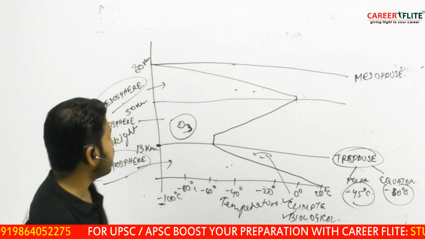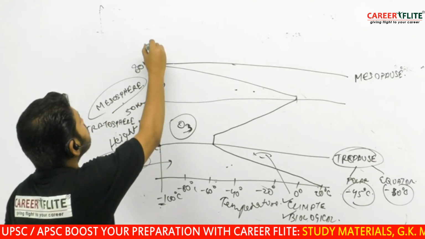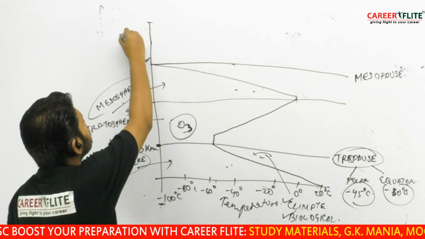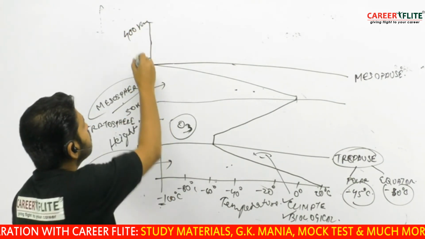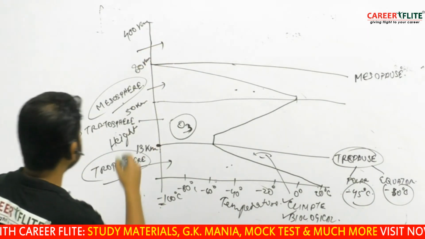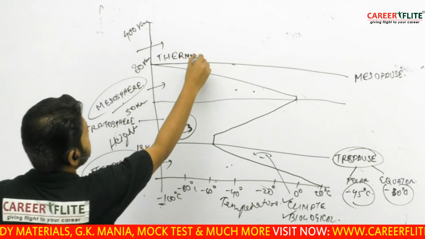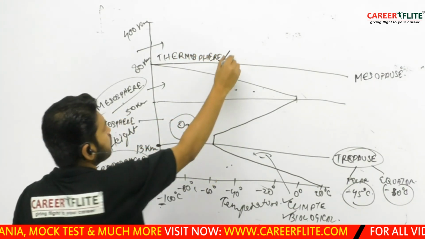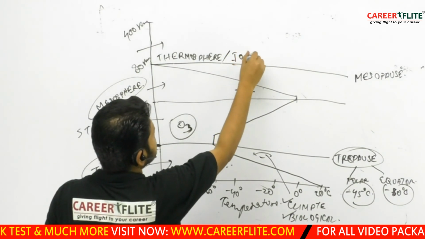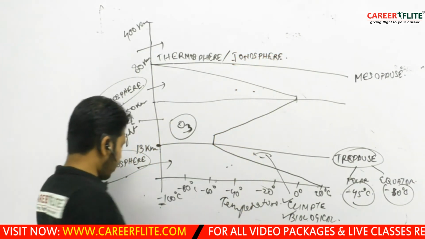Then the next important layer is the thermosphere or ionosphere, from 80 to 400 kilometers.